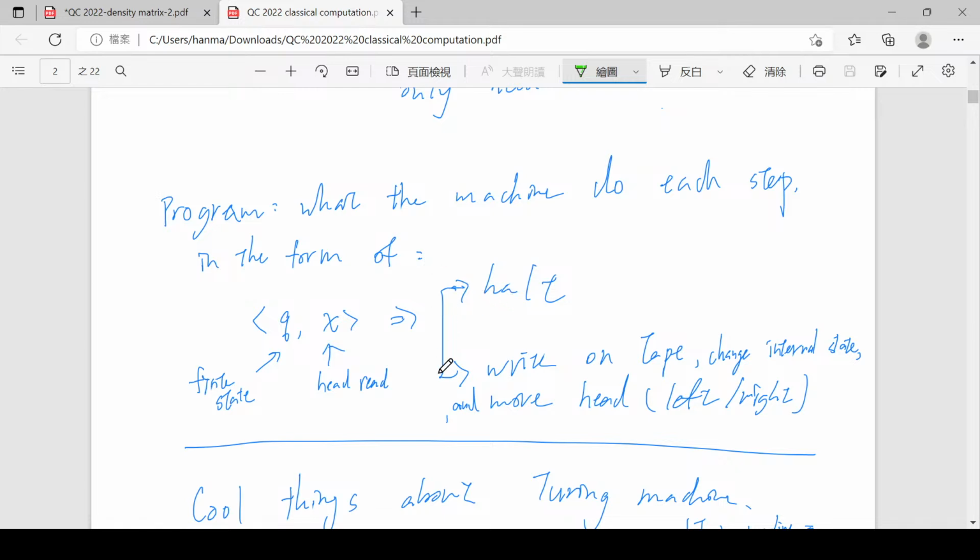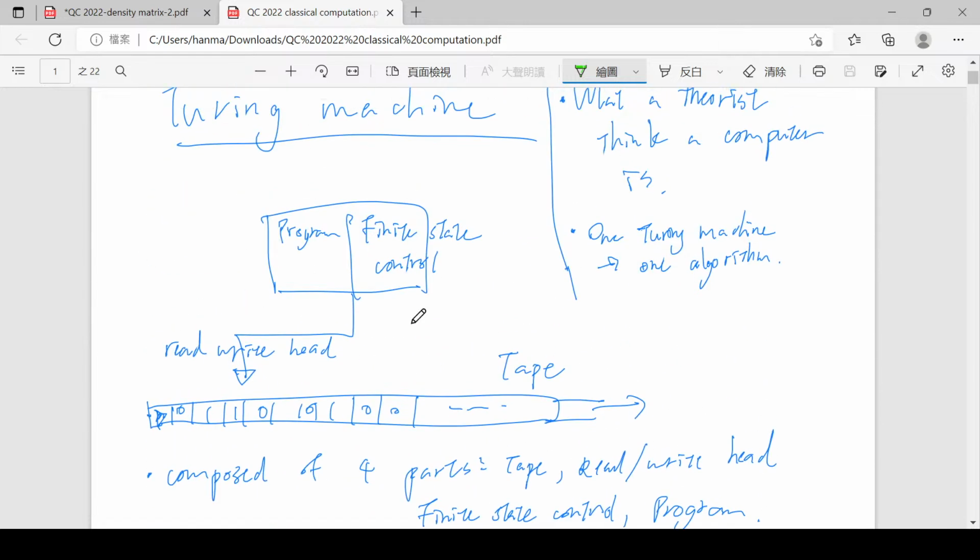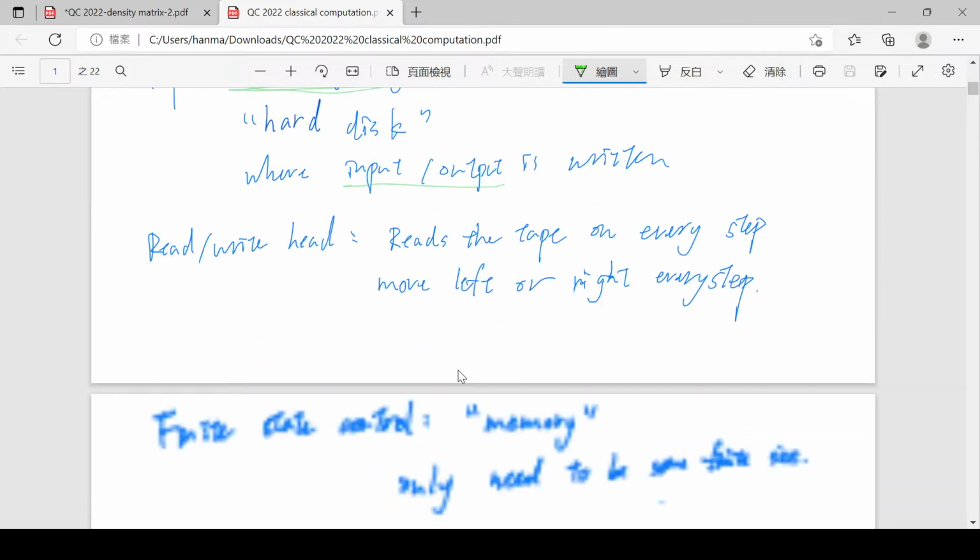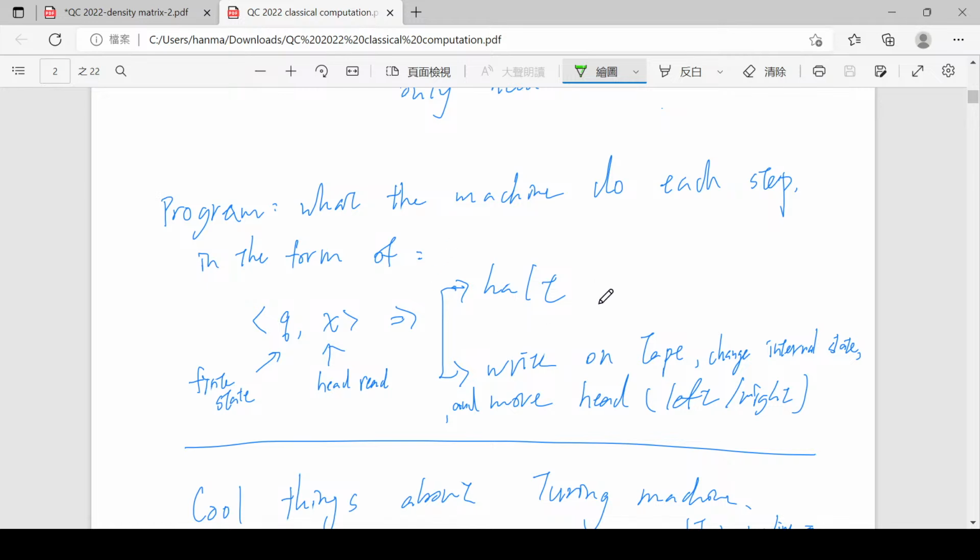So here we only separate it into two things. The most important thing the machine should do is stop. Okay? So one of the most important things the machine does is it will hold, it will stop, and presumably it will send out a signal saying I stopped, and the user can now take the tape and read the output on the tape. Okay, so that's hold. And then there's the other thing that basically does the computation.